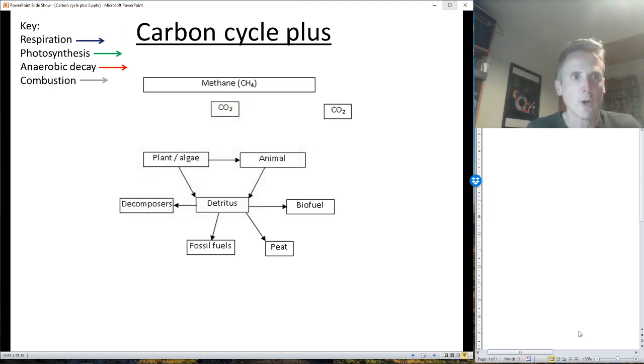Right. So first of all, photosynthesis. Crucially, there's only one arrow going into the living part of the ecosystem. So all of this is on the ground or in the ground really, and all of these are in the atmosphere. I put 2 CO2s simply because it avoids me crossing lines over.